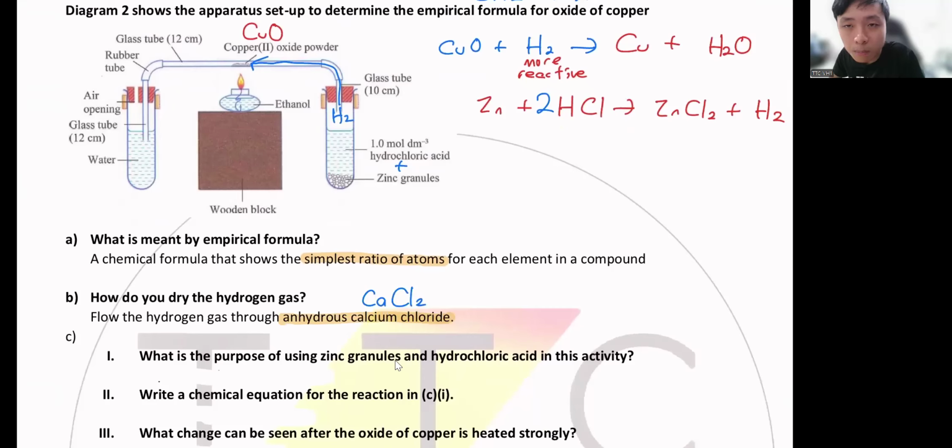Inside there's a small package. The package inside has a similar function. It's just to make sure inside it's not moist, not wet, there's no water. So to make sure the hydrogen gas can be dry.